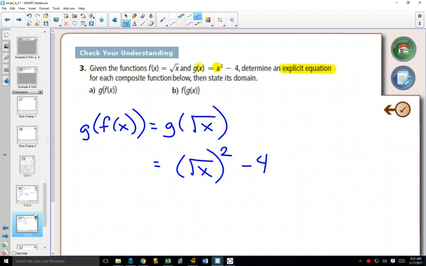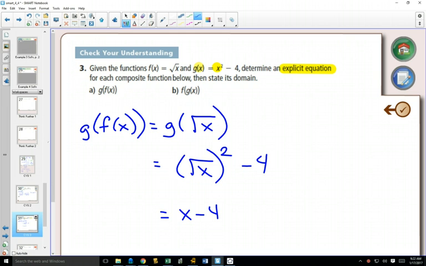It just becomes x. So we get x minus 4. That's our final equation, because when you square a square root, you just get x. And we have x minus 4, which is a line.